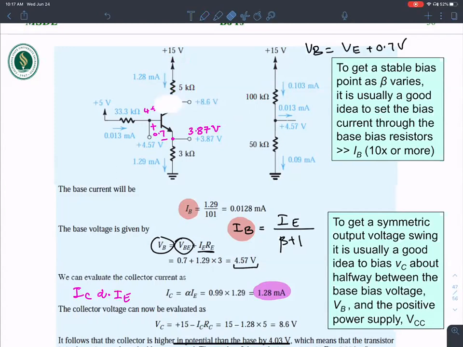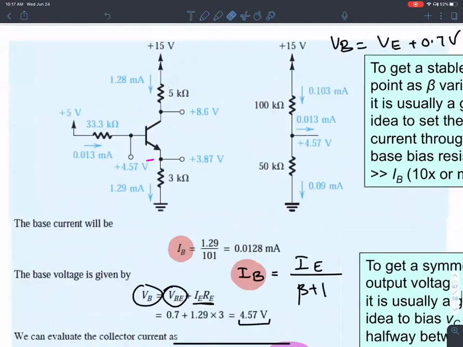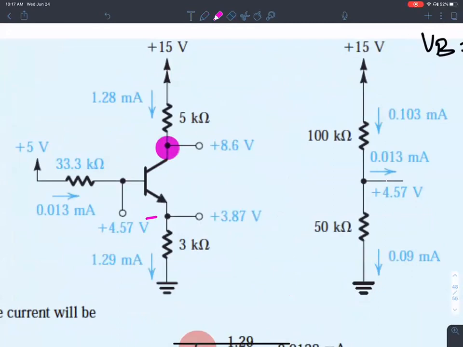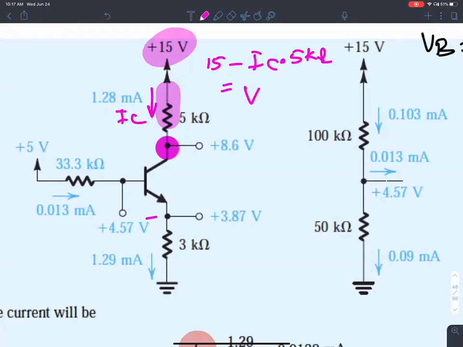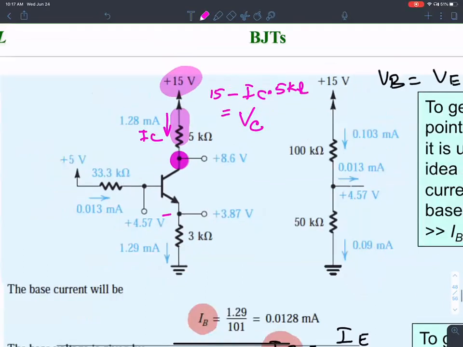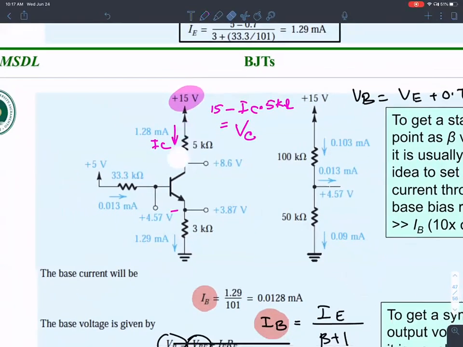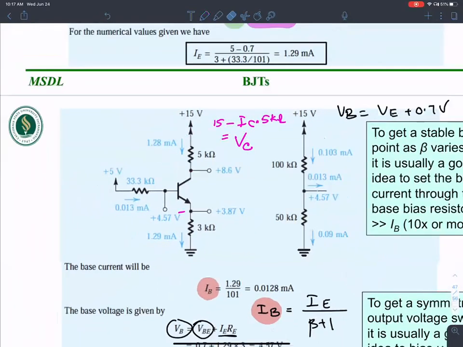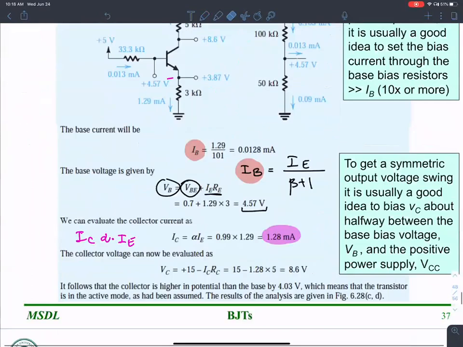As you can see, the voltage at this node is the 15 volt power supply minus the voltage dropped in this resistance: 15 volts minus IC times 5 kilo ohms. That should give me the voltage for VC. When you calculate that, it comes out to be 8.6 volts.